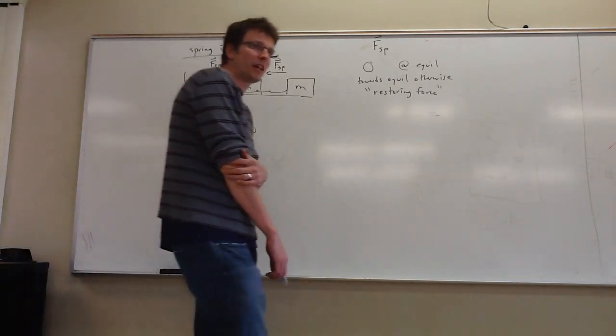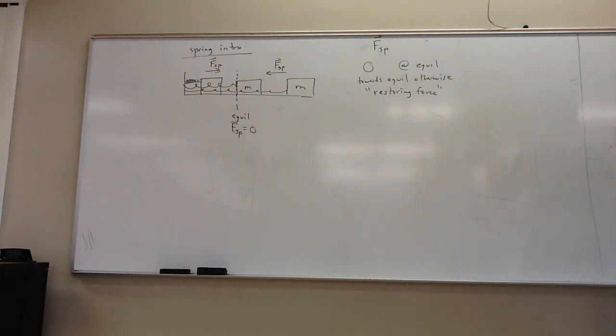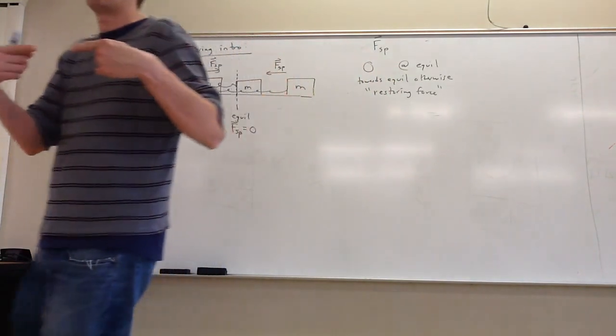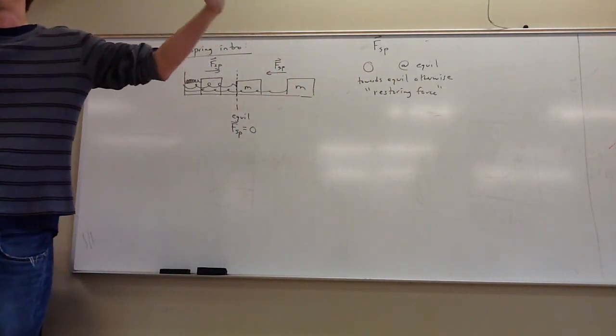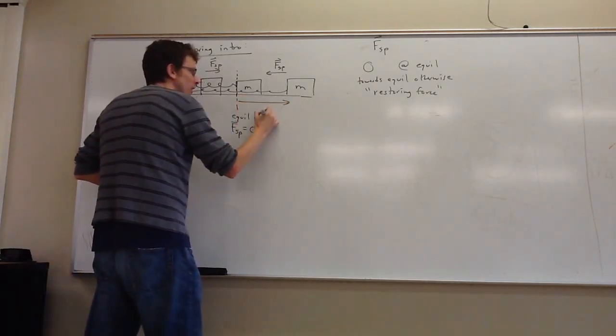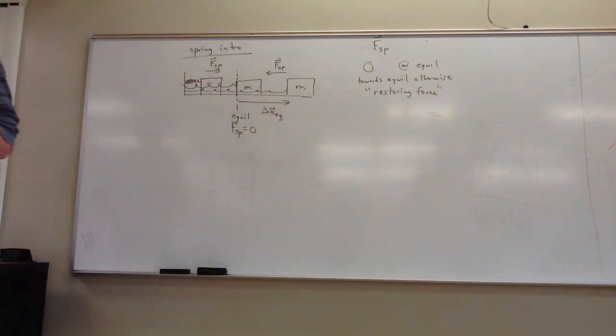Now, if that wasn't complicated enough, it turns out that the amount of force on both sides is not a constant. So not only is the force always towards equilibrium, but the further you take the spring from its happy place, the more it complains. So it turns out that you can measure how much the spring is displaced from its equilibrium, and the larger that is, the more the force will be to try to get it back there.